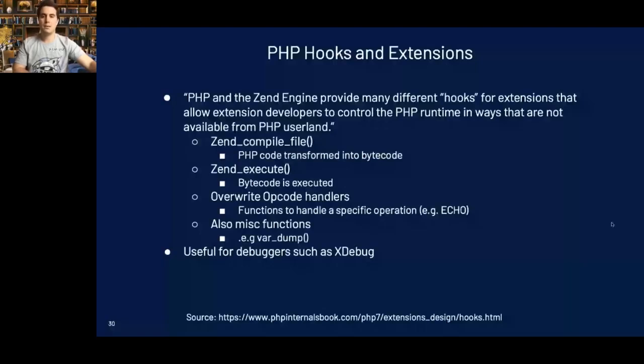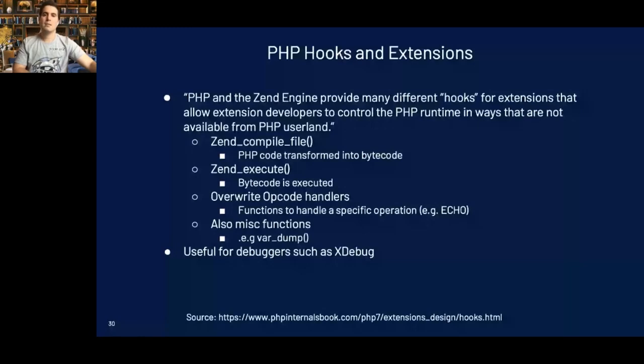Some hooks that we'll see moving forward are zend_compile_file, that is the hook when PHP code is compiled into bytecode. zend_execute is there when the bytecode gets executed by the VM. And also we'll see some opcode handlers being overwritten. An opcode handler is just a C function that is designed to handle a specific instruction. So for instance, if an echo instruction were encountered, it would know to print to standard output.